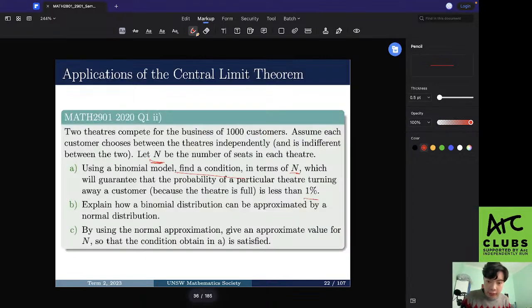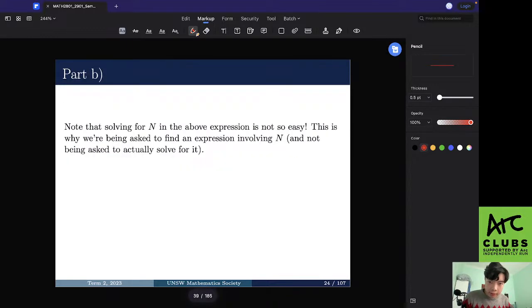So our next part says we have to explain how a binomial distribution can be approximated by a normal distribution. The first thing we need to notice is that our end goal is to find what n is, right?